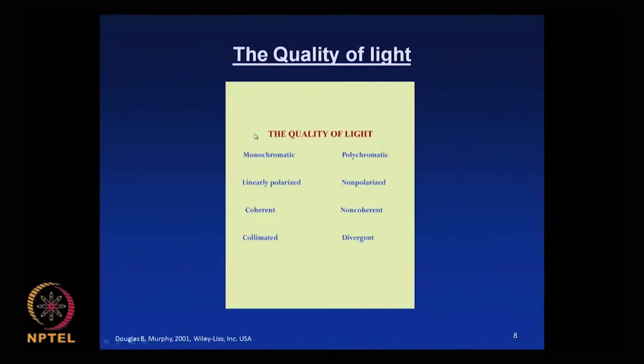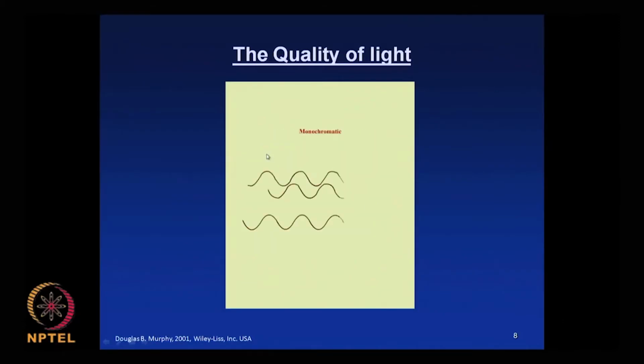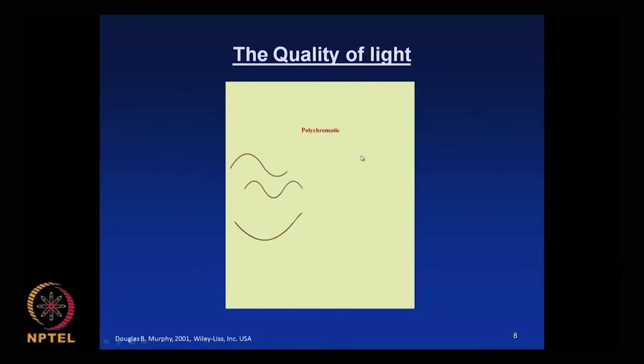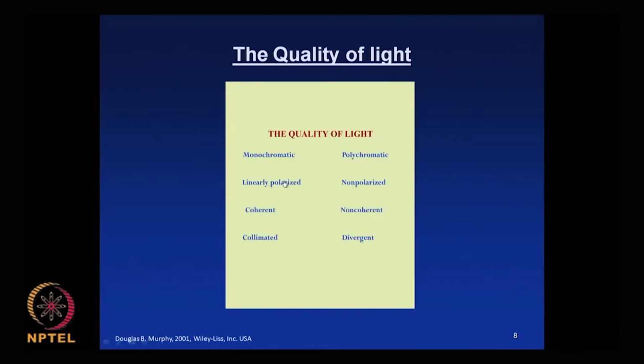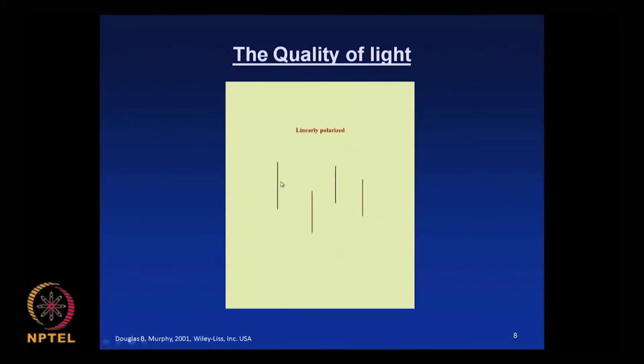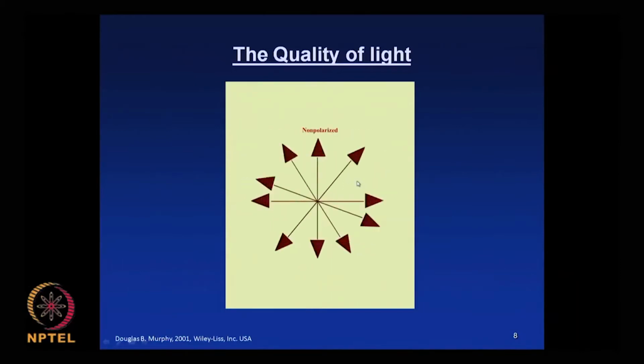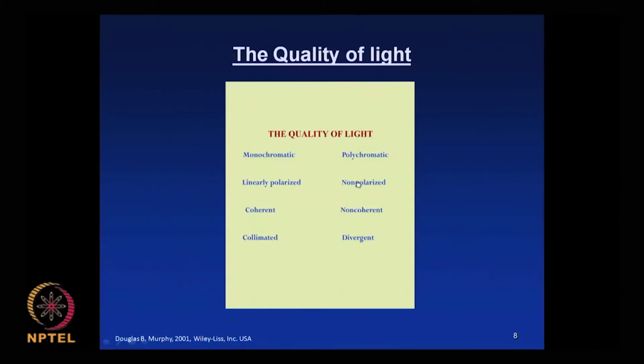A monochromatic light is supposed to propagate like this. On the other hand, a polychromatic light propagates in this fashion. And what is linearly polarized? It is linearly polarized like this, and non-polarized will have waves propagating in all directions.